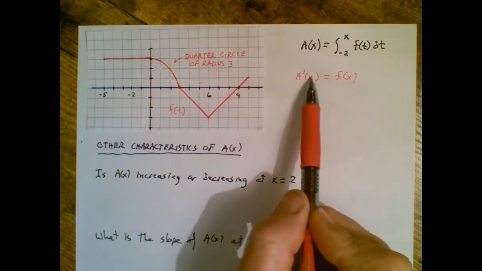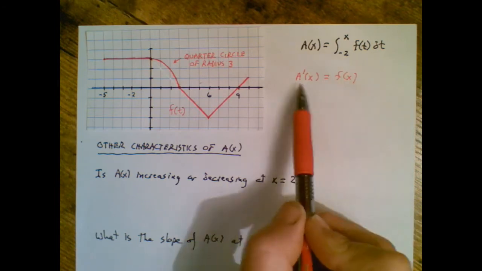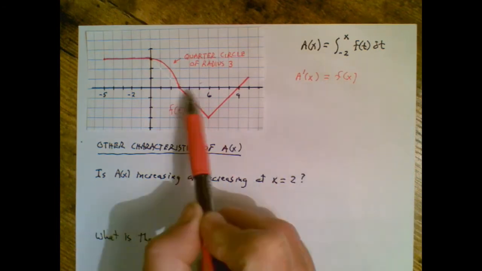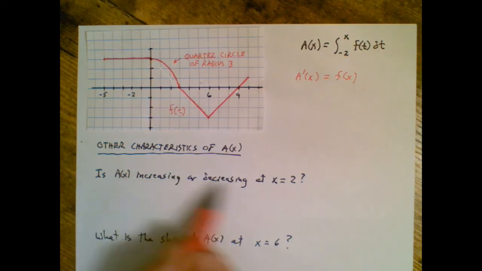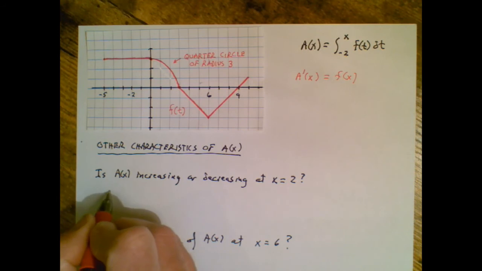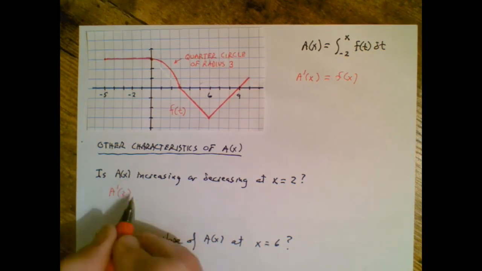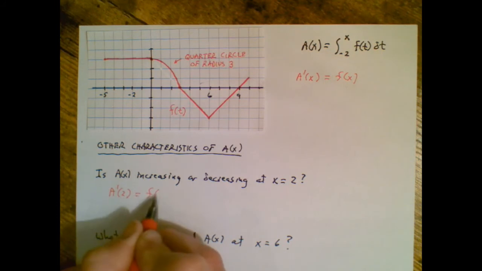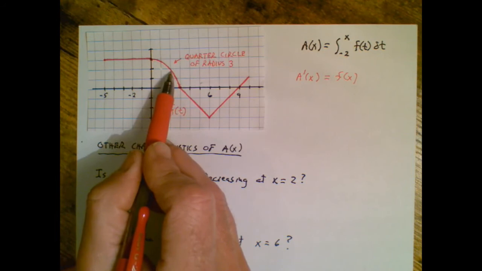So if I want to know anything about the increasing or decreasing nature of this, that's its derivative, I just look at this. So if they ask me if a of x is increasing or decreasing at x of 2, I say, hey, why don't I figure out the derivative at 2, which is really f of 2, and f of 2 is a positive number.